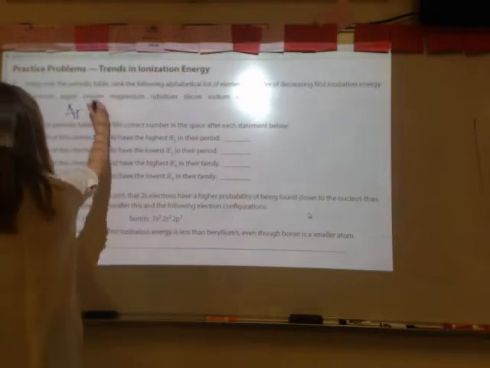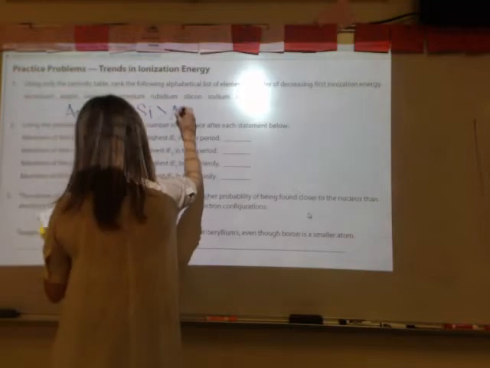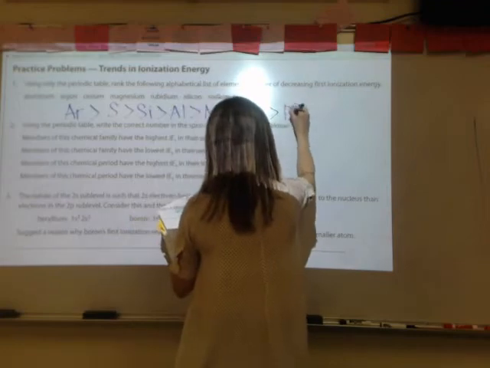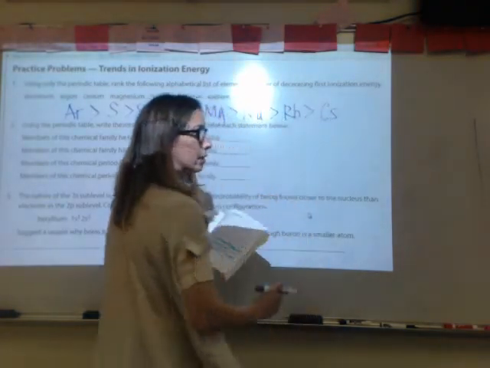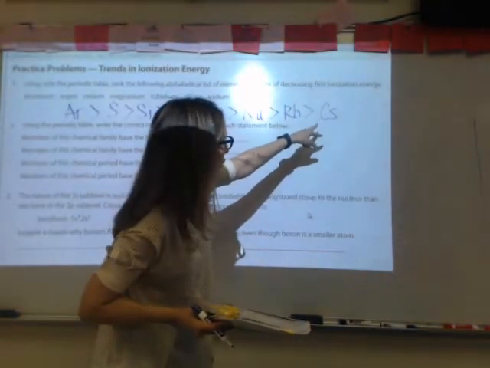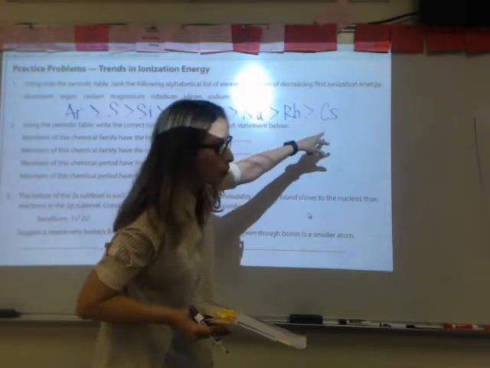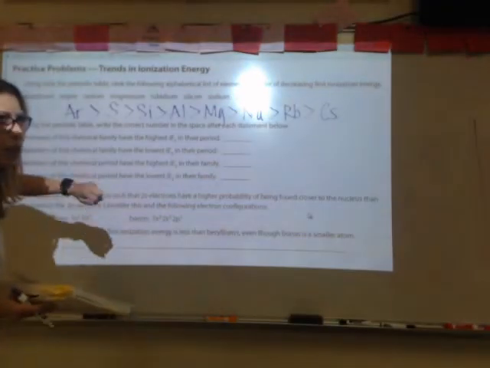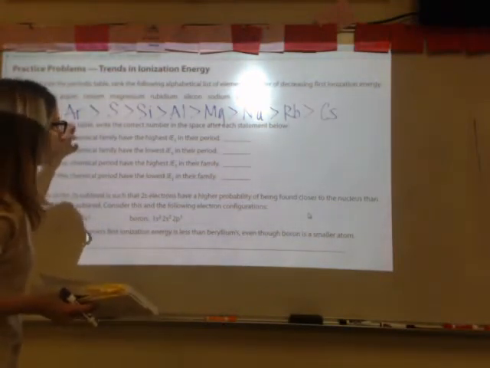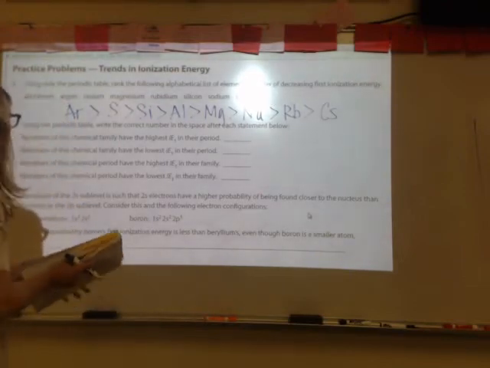I'm going to put that first, followed by sulfur, silicon, aluminum, magnesium, sodium, rubidium, and then cesium, which is furthest down and to the left. Okay, this is going to be the largest atom. It's going to be the easiest to remove an electron, so it will have the lowest first ionization energy, whereas argon is further up and to the right. It's a smaller atom, and it's stable. It will absolutely not want to lose any electrons because it's got 8 in its outermost shell.